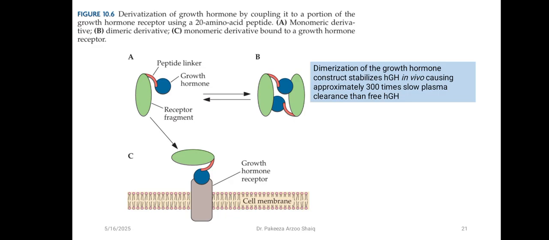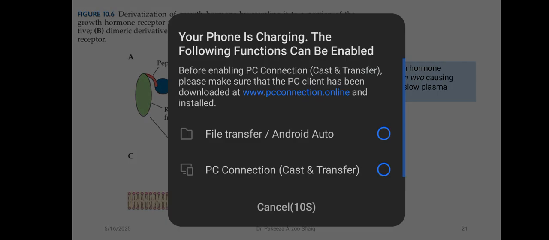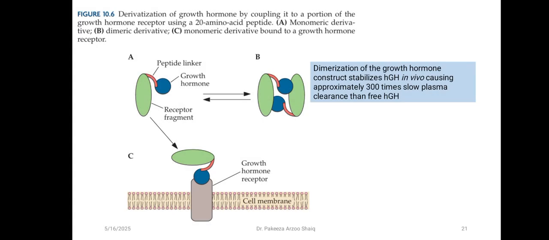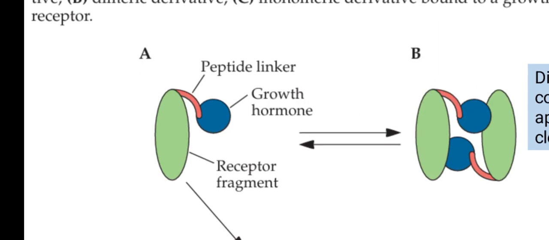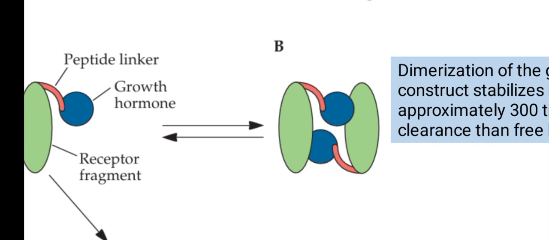Okay. So you can see in this figure that the growth hormone was derivatized by coupling it to a portion of the human growth hormone receptor, which we have just discussed. So the first portion, A, is indicating our growth hormone, the peptide linker, and the receptor fragment. So that can actually dimerize.